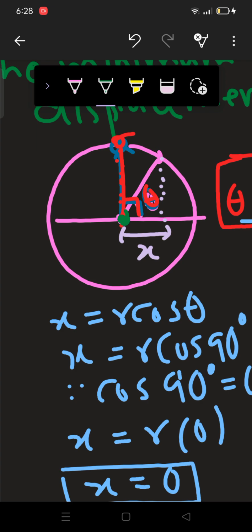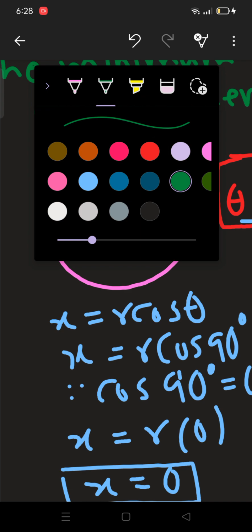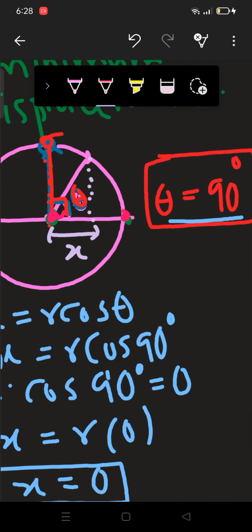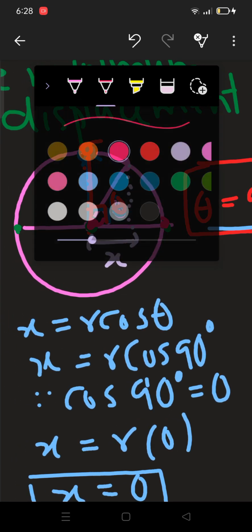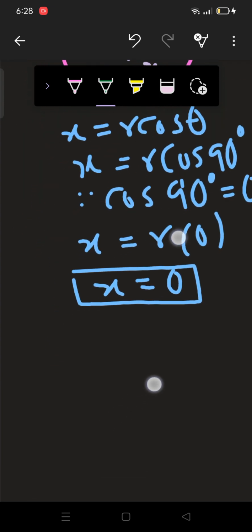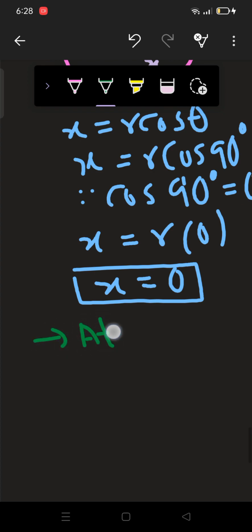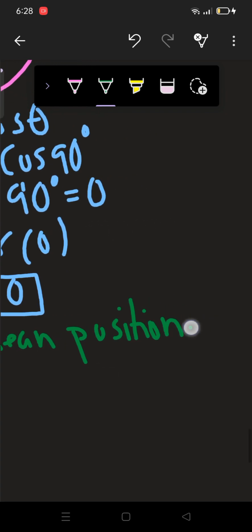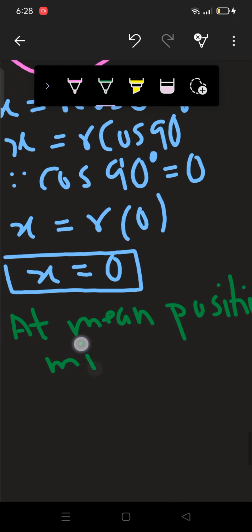This position is what we call the mean position, and these two positions we call the extreme positions. Here at the extreme point we had our maximum displacement, but here we have our minimum displacement, which means this is the mean position. So at the mean position, minimum displacement.